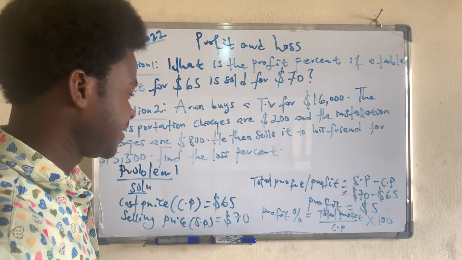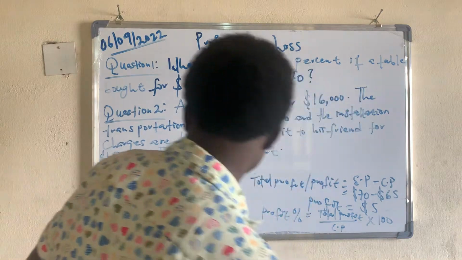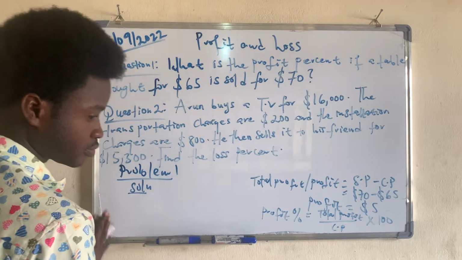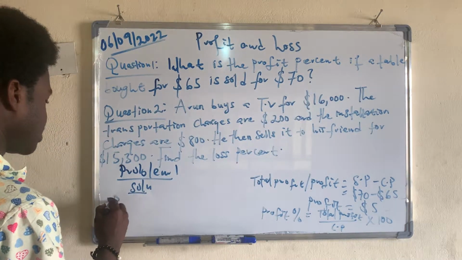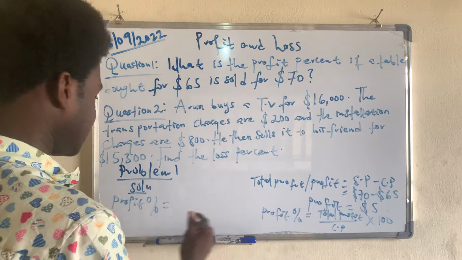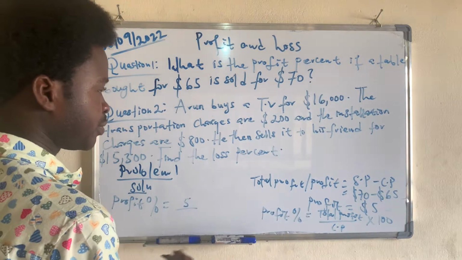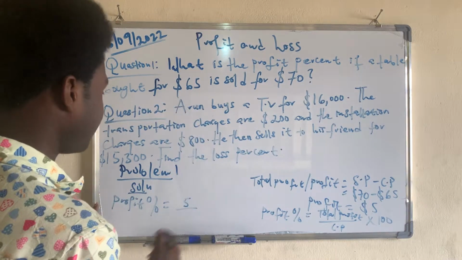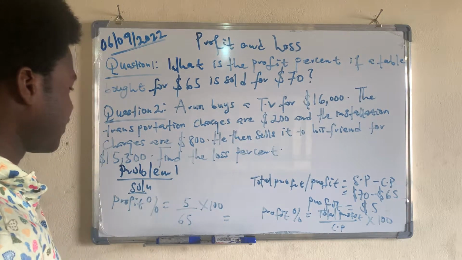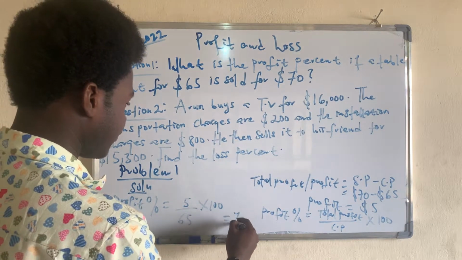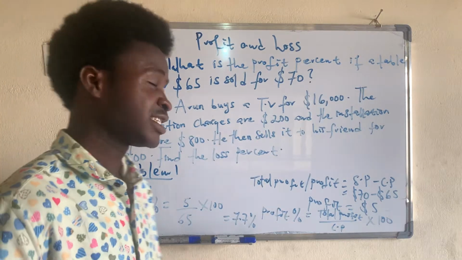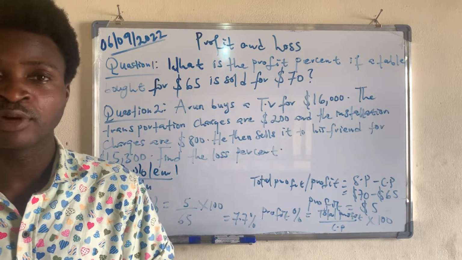So the profit percent is total profit, $5, over the cost price, $65, times 100. So we have this to be 7.7%. So our profit percent for problem 1 is 7.7%.